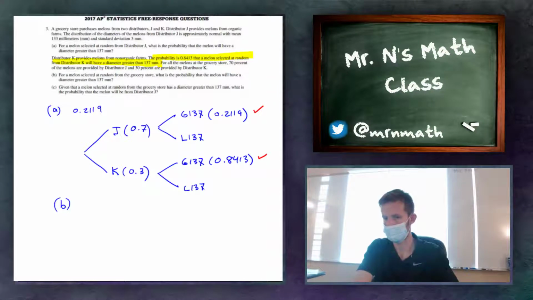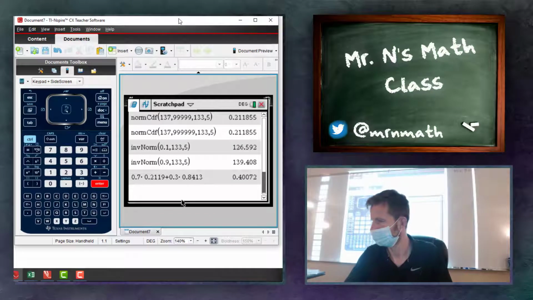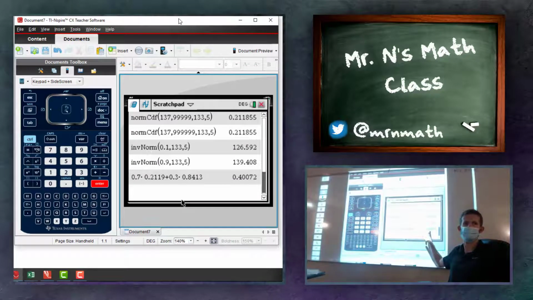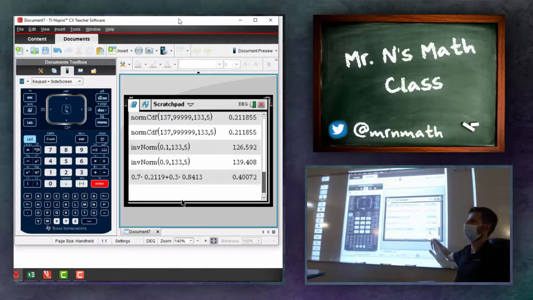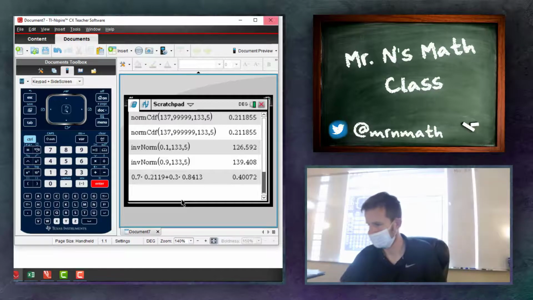Check with your neighbor once you have it. Who got what I got? So multiply across and then add them, right?